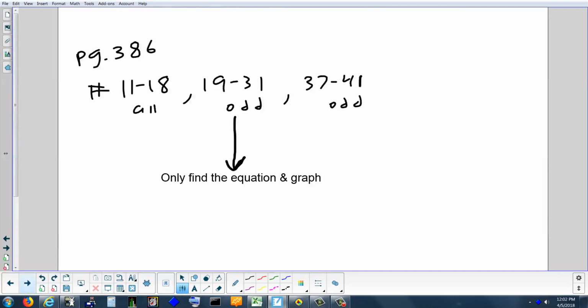Okay, so homework, remember that's in the packet. There's a lot of matching in the packet, so it's not all doing things out. It's 11 to 18 all. On 19 to 31, don't do what they're writing in the packet. Only find the equation and graph. They're going to ask you to do something with the lattice distance.